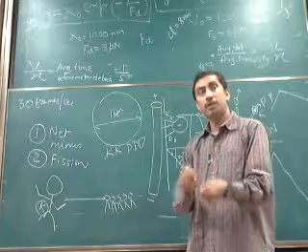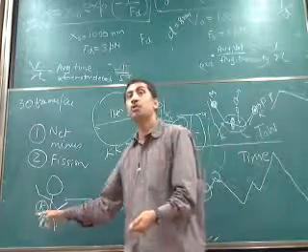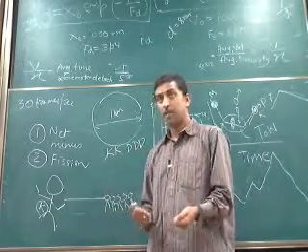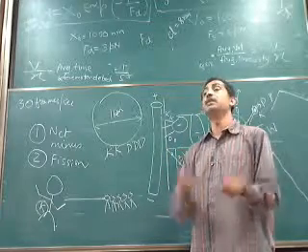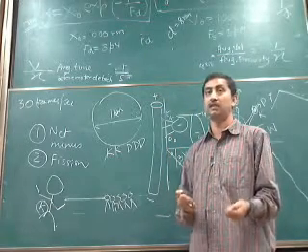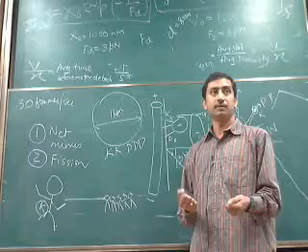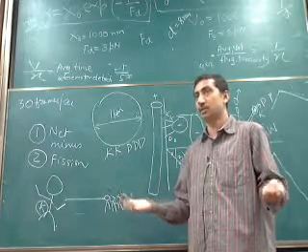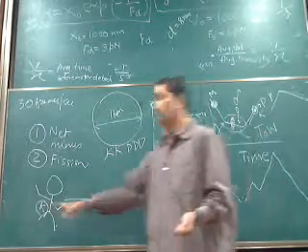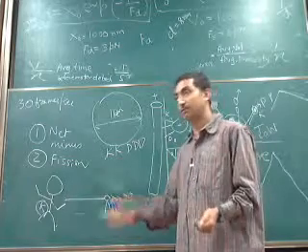Now, for a meaningful tug of war, the opposing teams should be matched in force, and not only in force, in tenacity as well. How long can you sustain a force? Just applying force is not enough. How long you sustain that force is also important. So these two teams should be matched in tenacity and force.